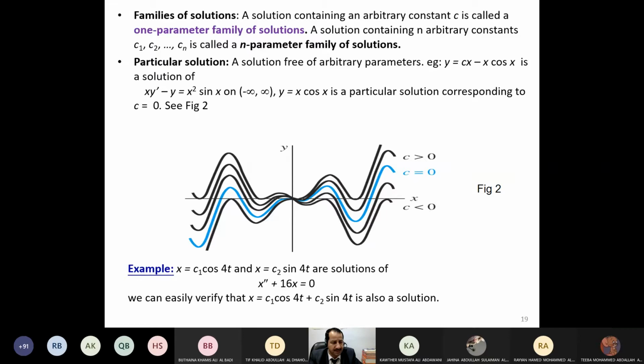Example of this, have a look. If I have this function as example, x equal c1 cosine 4t, it is already integrated and I got this result. But see c1 here. C1 here tells me that there is infinite number of outputs for this x. Why? Because using different C1, you get a different curve.